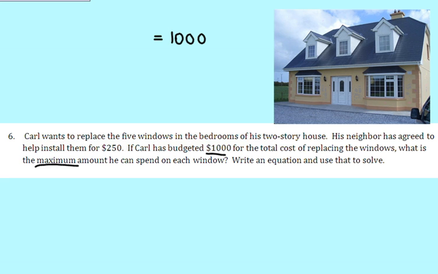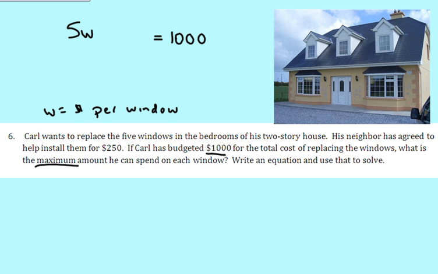Now, here's what we don't know. We don't know how much each window is going to take. Okay, so let's just call this W for the cost per each window. So he knows he's got 5 of them.